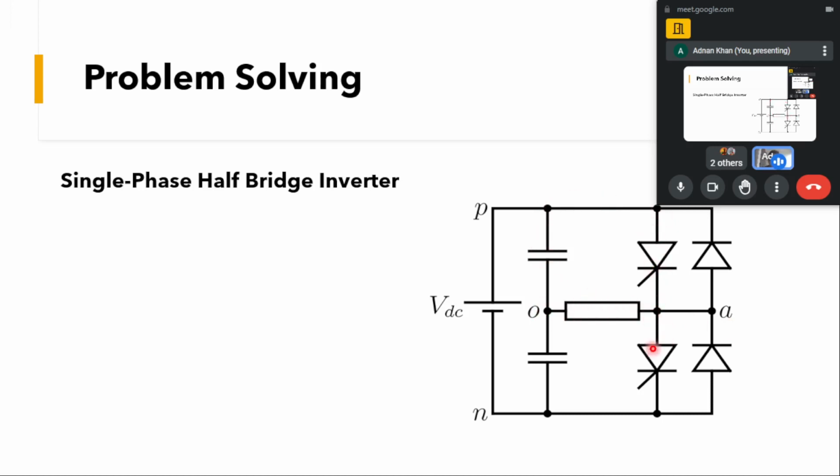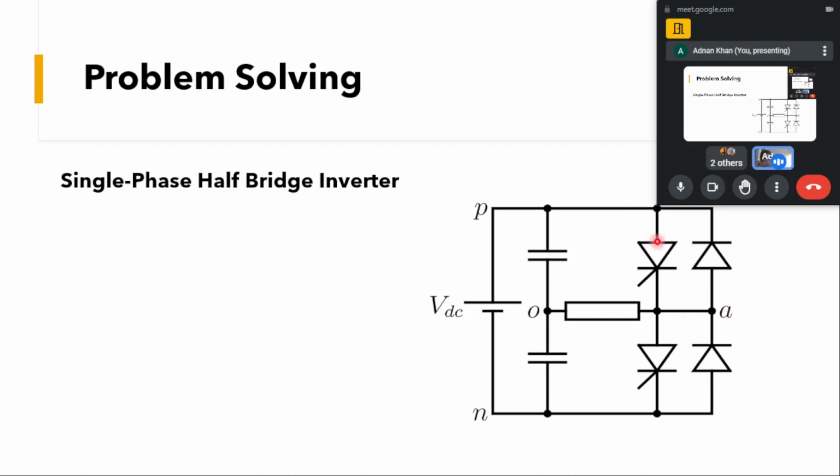And when we turn on this device, the voltage at this endpoint will be minus VDC, and the current at that moment will be negative, conducted through this SCR. So you saw that in the case of a resistive load, at no point of time do these diodes conduct.